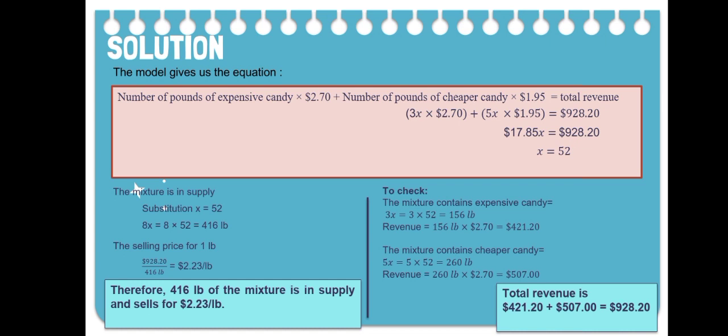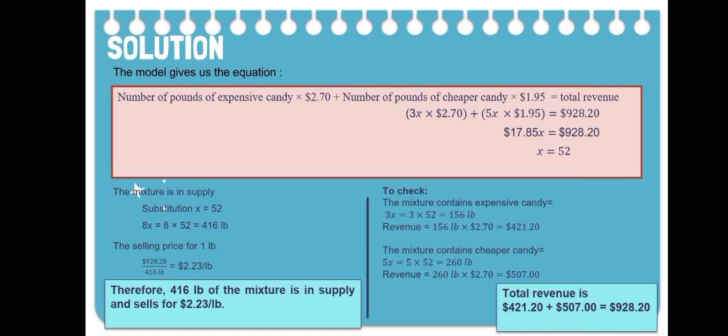Since the number of pounds of expensive candy is 3x, we just substitute it, and the same for the cheaper candy. So we get 3x times $2.70 plus 5x times $1.95, and the total revenue is $928.20.